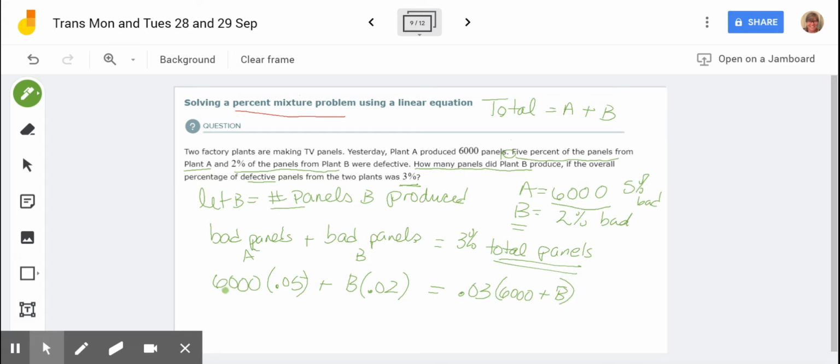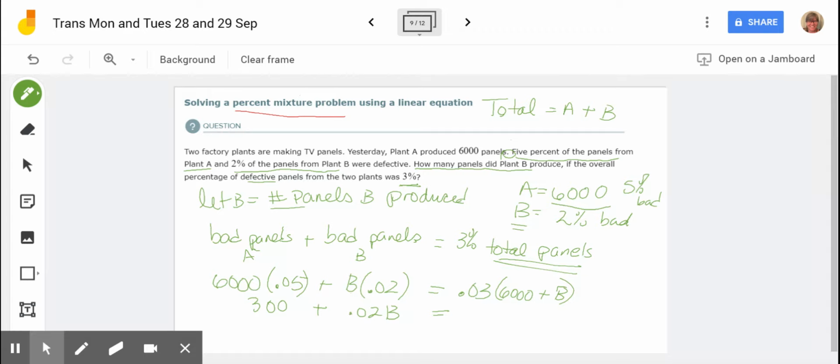So 0.05 times 6,000 is 300. So 300 plus 0.02b, I always like to put the number in front, equals 0.03 of 6,000.